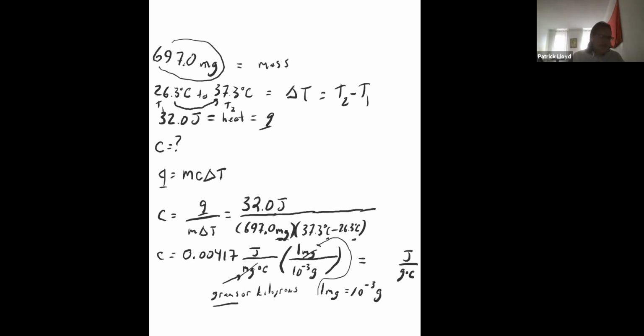Okay. So you're dividing by 10 to the minus 3. You can do that on your calculator. Dividing by 10 to the minus 3 is like multiplying by 10 to the 3, right? So 1 over 10 to the minus 3 is the same as 1 times 10 to the plus 3. You just change the sign to bring it up.